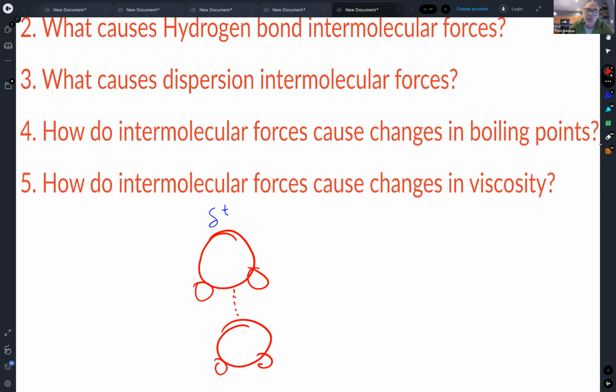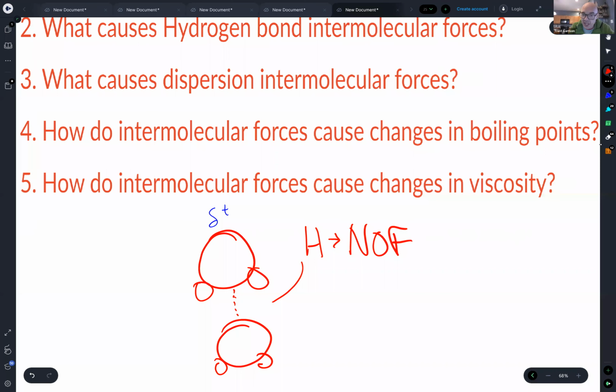Number two, what causes a hydrogen bond? It is between hydrogen and one of three different elements, N, O, and F. So again, this is essentially a hydrogen bond that I have drawn over here.